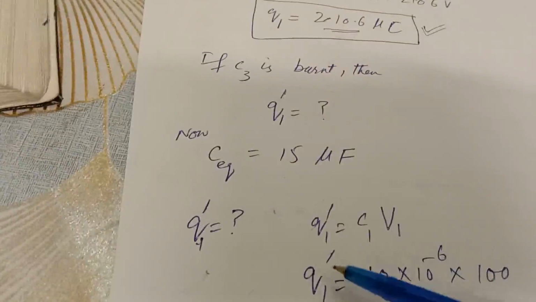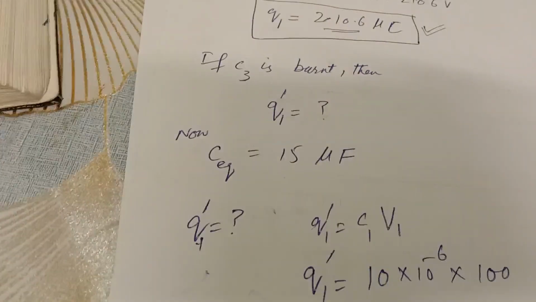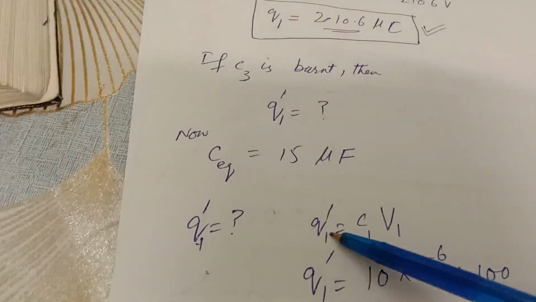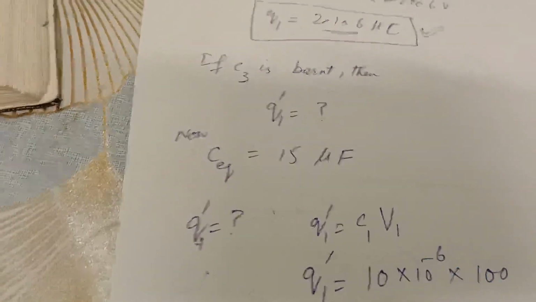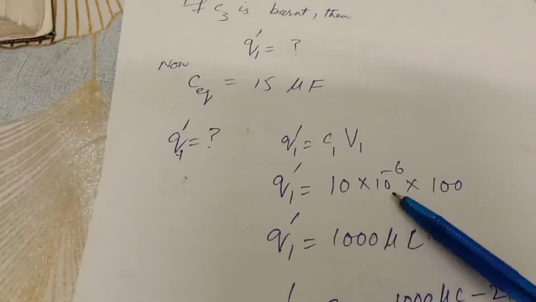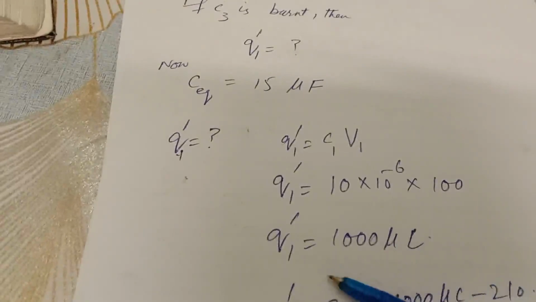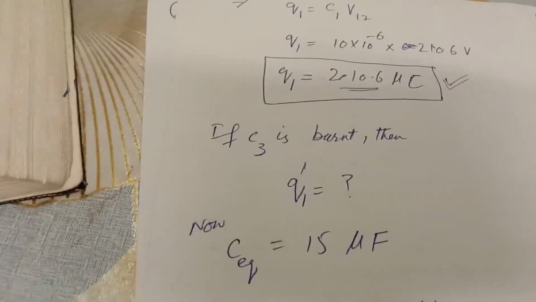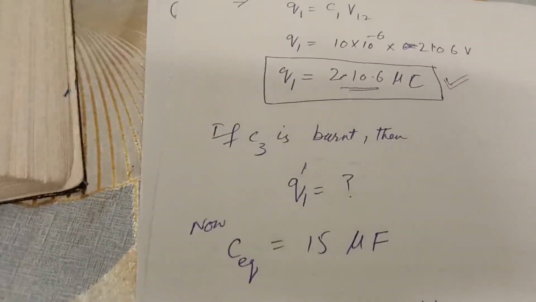So Q1 dash, the charge stored on C1 when C3 is not present, is equal to 100 into 10, which comes out to 1000, so 1000 microcoulomb. Initially, when C3 was present, the charge was 210.6 microcoulomb. So what is the increase?